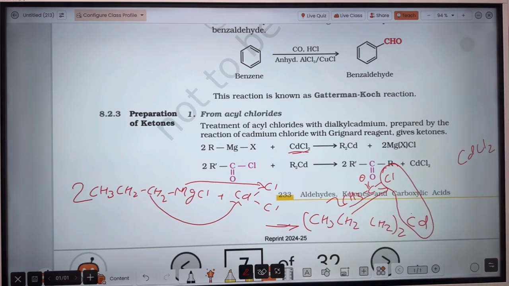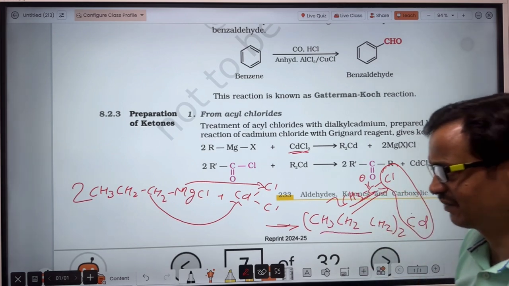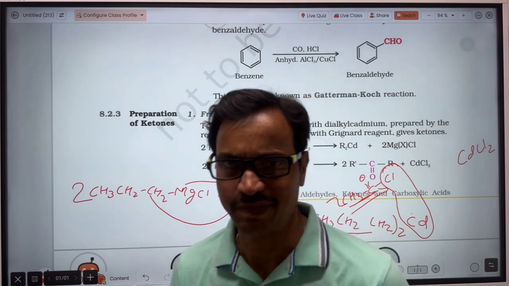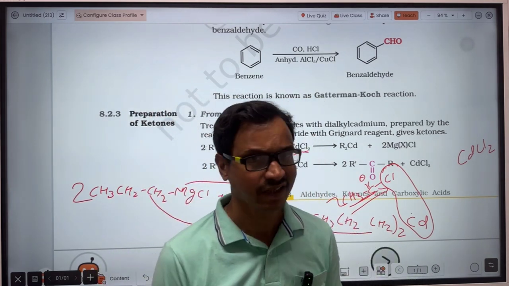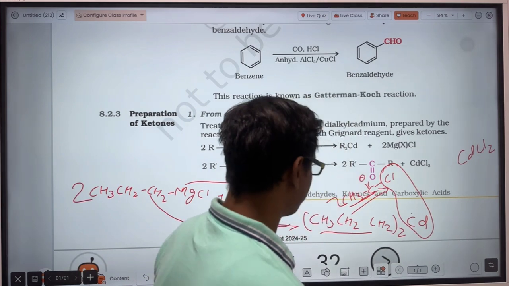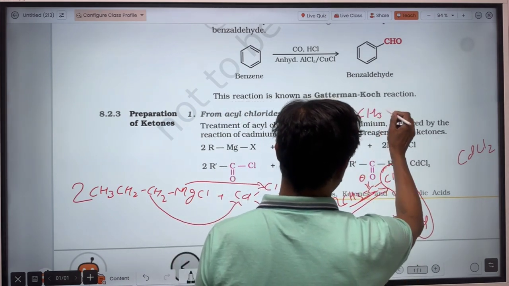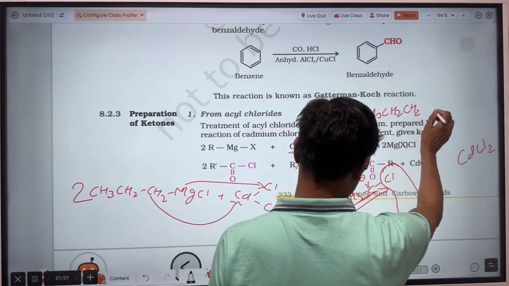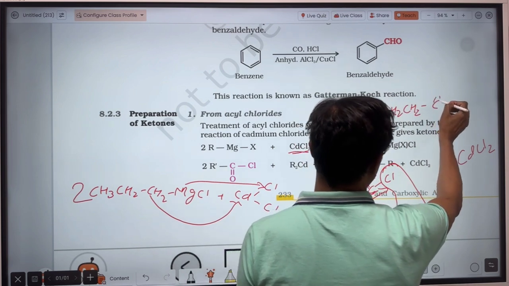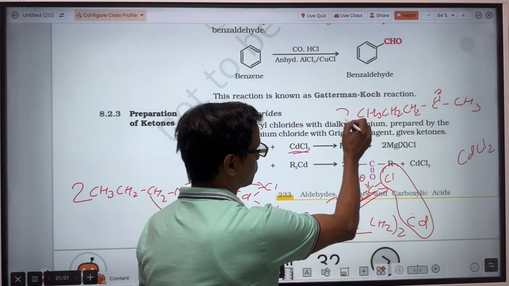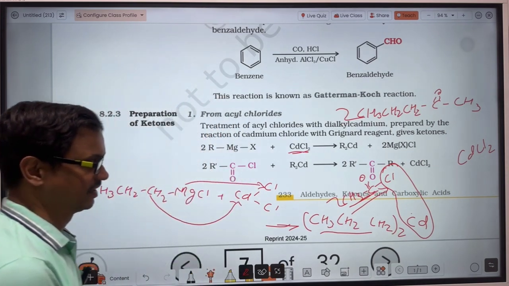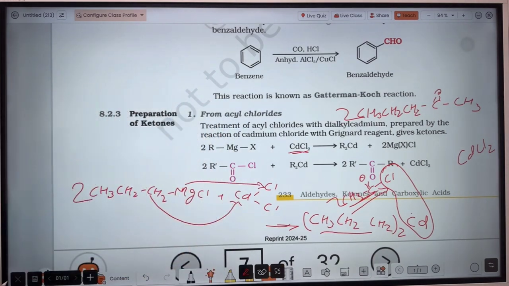There are 2 alkyl parts and 2 acyl parts. One alkyl part will combine with one acyl part, and the other alkyl part will combine with another acyl part. So the compound will be this, and like that 2 moles will form. That is the first method.